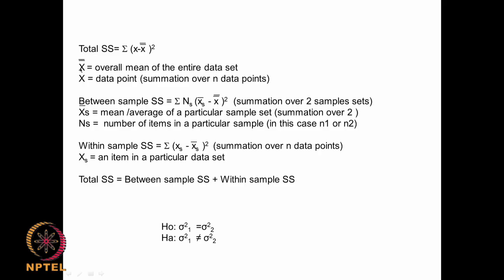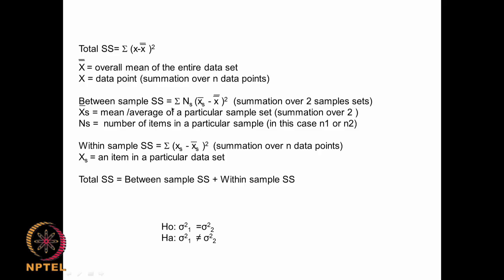So, the total sum of squares is equal to the sum of (x minus x double bar) squared. That means you calculate the overall mean of the entire data set, and then subtract it from each of the 6 data points, square it, and that will give you the total sum of squares. The degrees of freedom is 5 because there are 6 data points, understand.